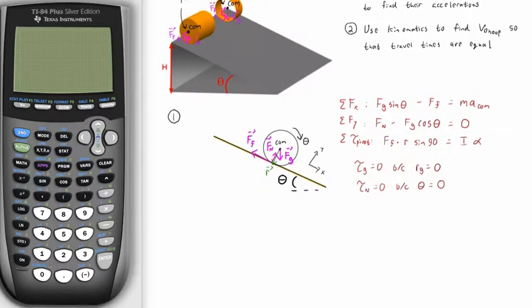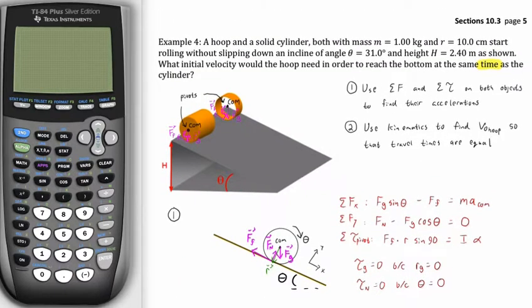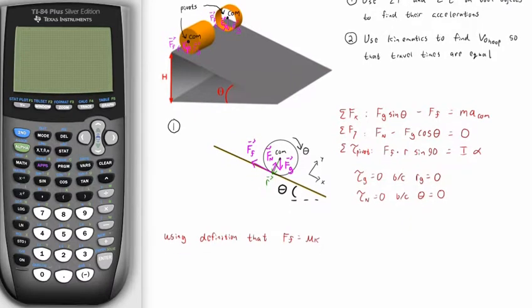All right, so let's move on to actually solve for that center of mass acceleration. So say using the definition that the force of friction is mu k Fn, okay?